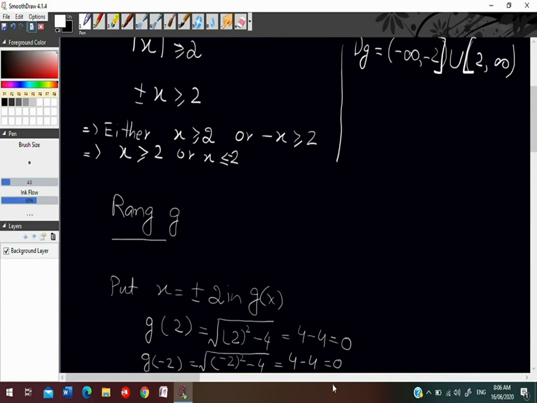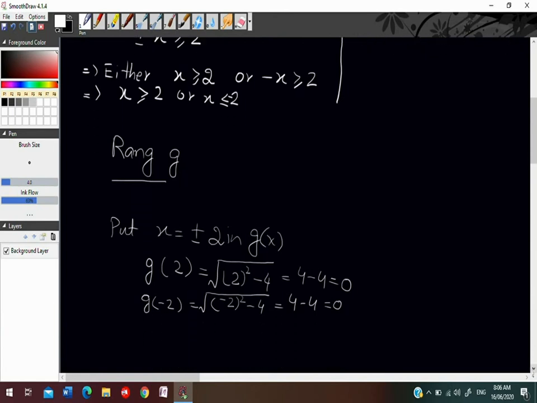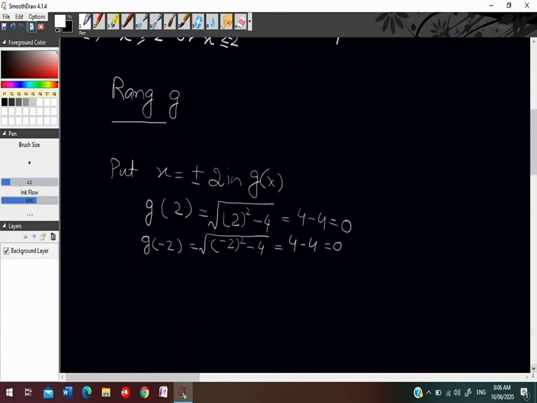So we can say that g of x is positive for all values of x in the domain of this function.